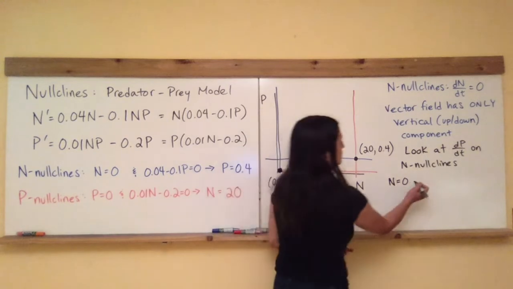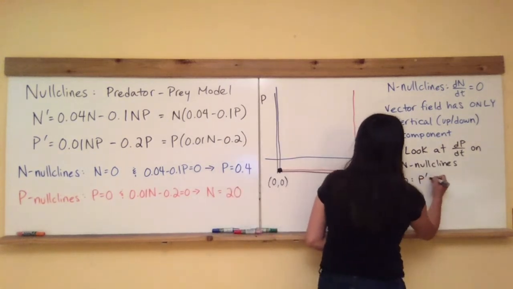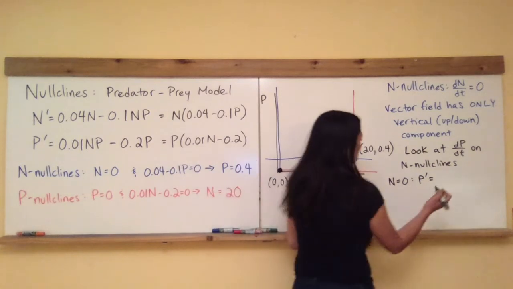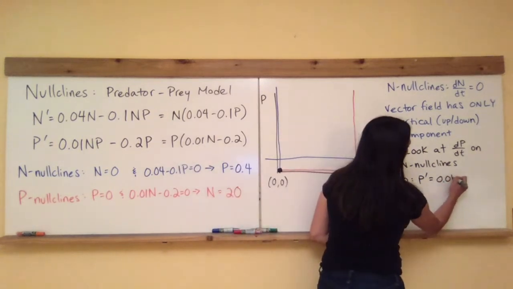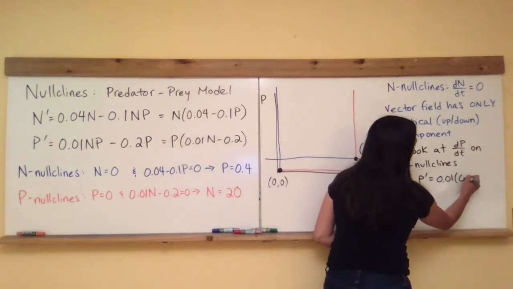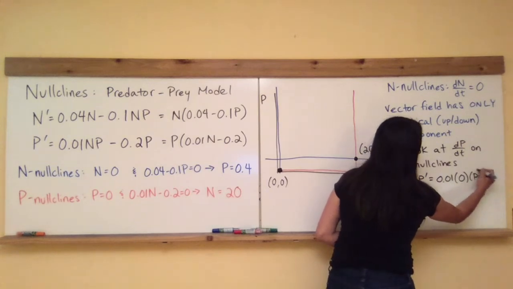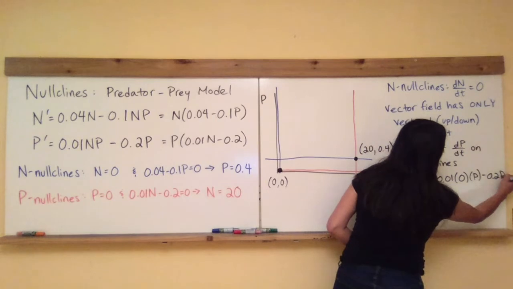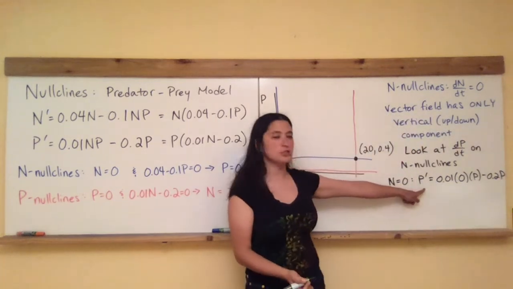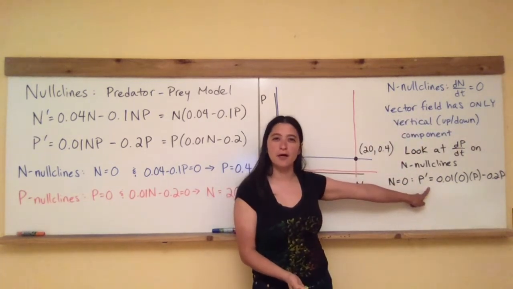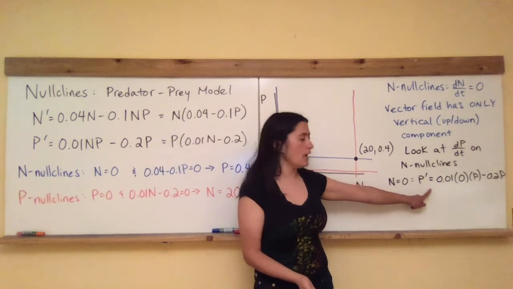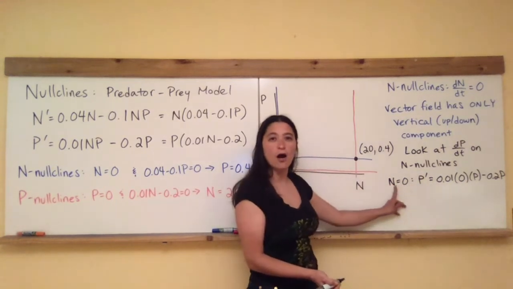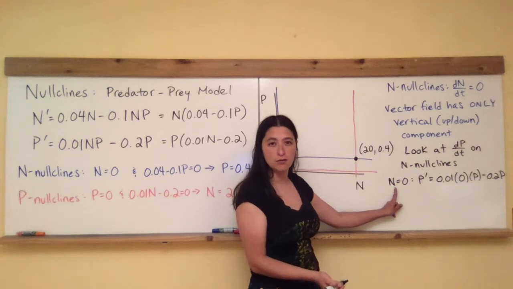So I'm going to look at P prime, and P prime is equal to 0.01 times n times P, 0.01 times n, which is 0, times P, and then minus 0.2P. Here I'm just copying down the P prime equation, but I'm replacing n with 0 because I'm going to look at it on the n equals 0 nullcline.